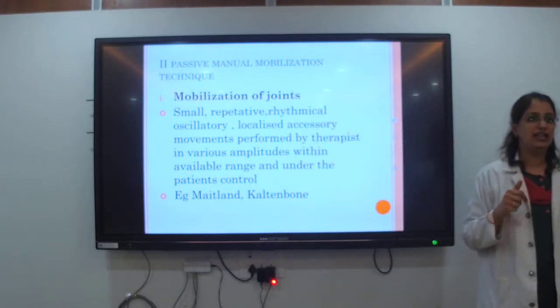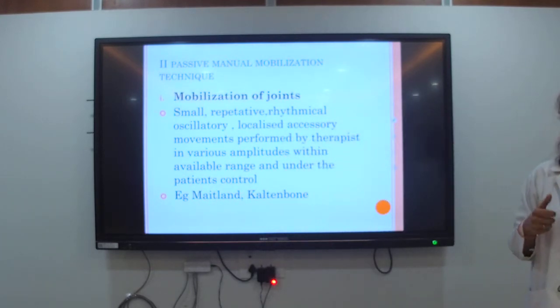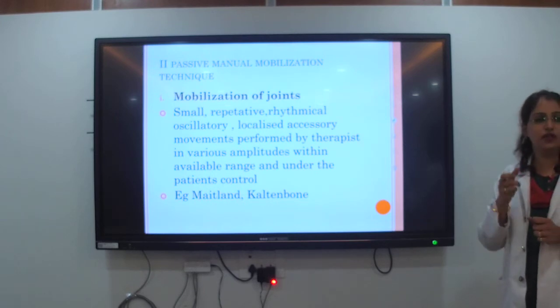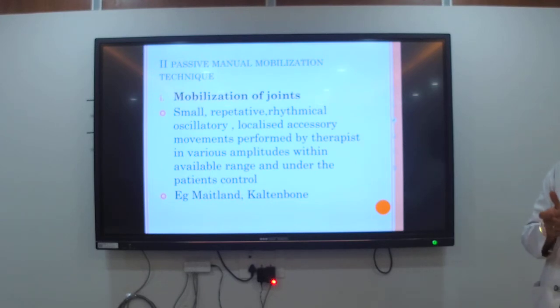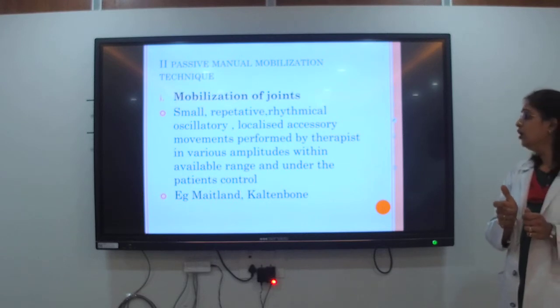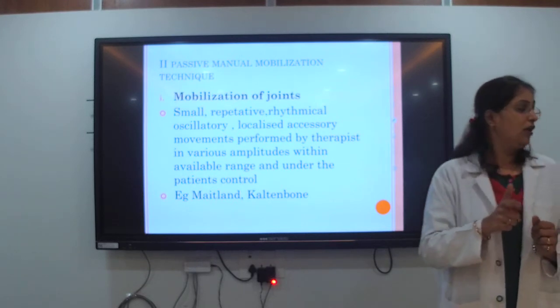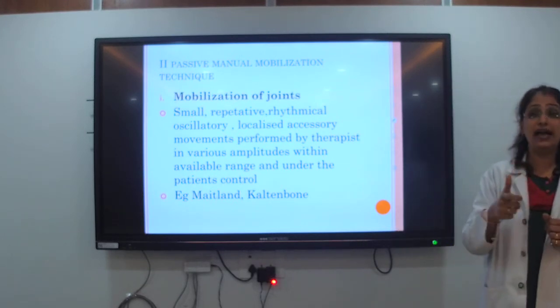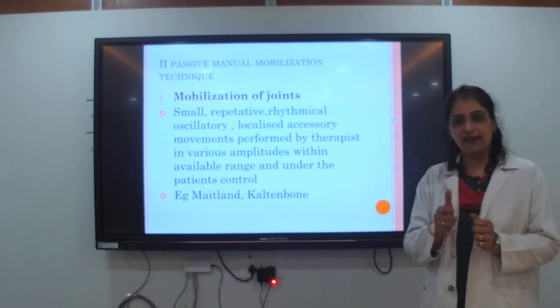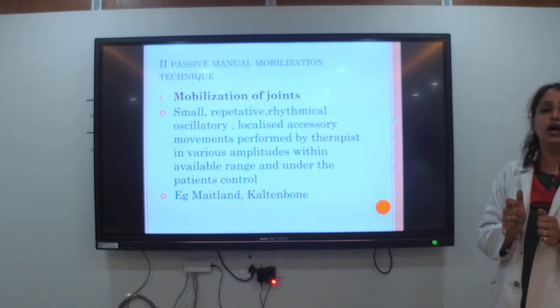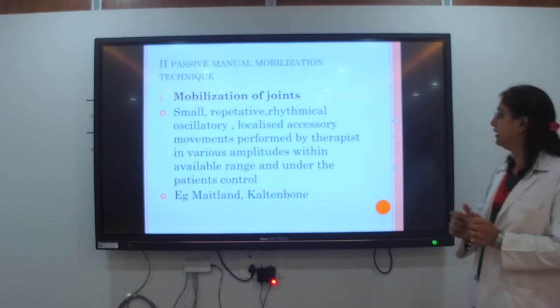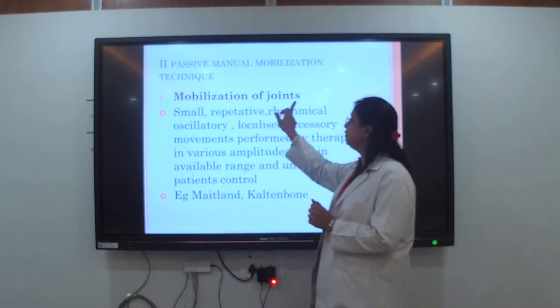What is meant by mobilization? When you are giving small, repetitive, rhythmical and oscillatory movements with small or high amplitude within the available range under the patient's control, that is called mobilization of joint.